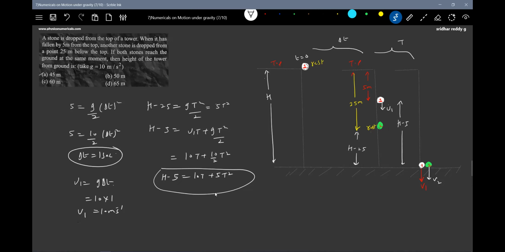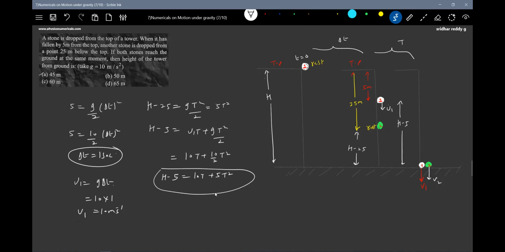Now we will do one thing. h minus 5t square, what is its value? h minus 25. Can we calculate anything? h minus 25. Let me look at the calculation first. We know U1, no?